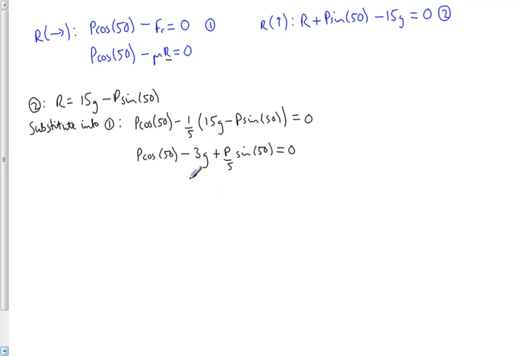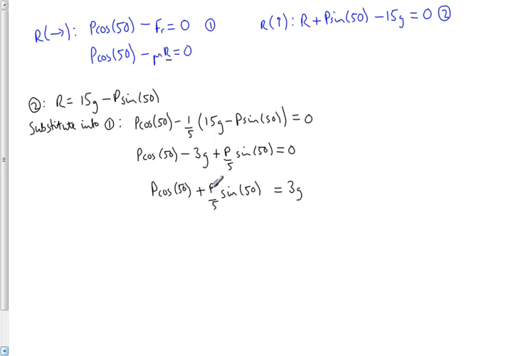And then what I could do is get the 3g on the right hand side, and then I get P cos 50 plus P over 5 sin 50, and then what have I got?